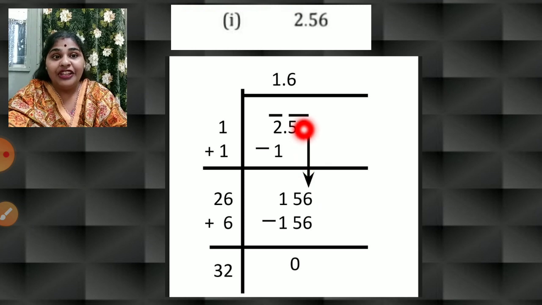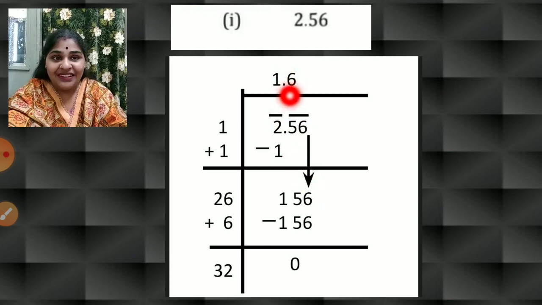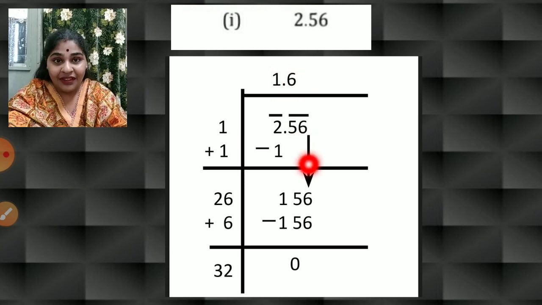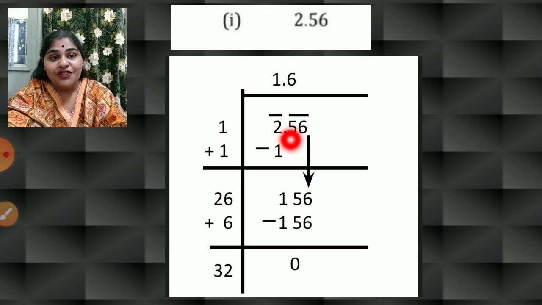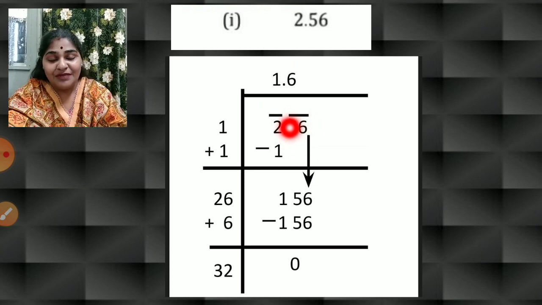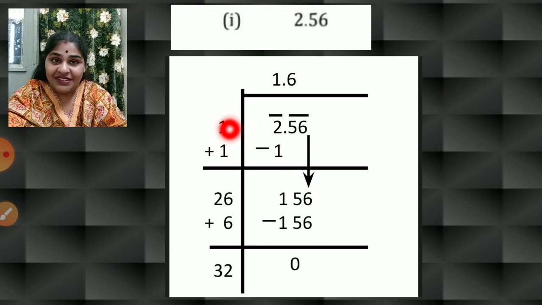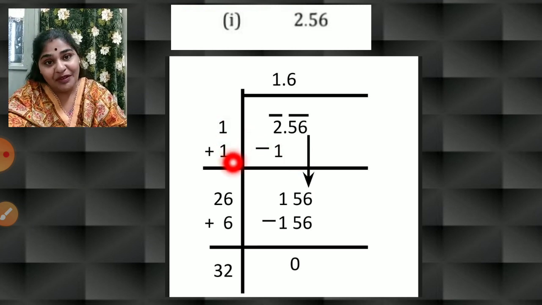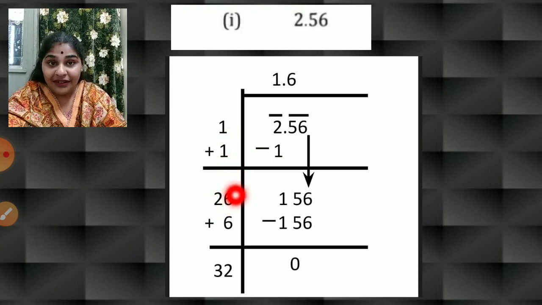Now when you take this pair down, you will put a decimal over here. I hope this is clear. So after 1 there will be a decimal. So whenever you are taking your decimal part down, that time you will give here a decimal point. And then again the same step, 1 plus 1, we will add the same number which we have taken, will be 2, and after 2 there will be a dash here.